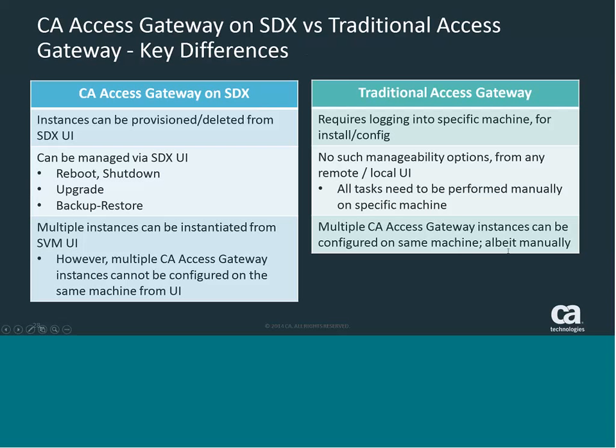Traditionally, you have to go to the respective machines to do all these operations. You can also manage the VMs via the UI, which was not possible previously, and you can also manage the software in terms of backup, restore, and upgrade directly from the SDX administrative UI, which typically would have required you to go to the machine, log in, and then perform all the manual steps to arrive at the desired state.